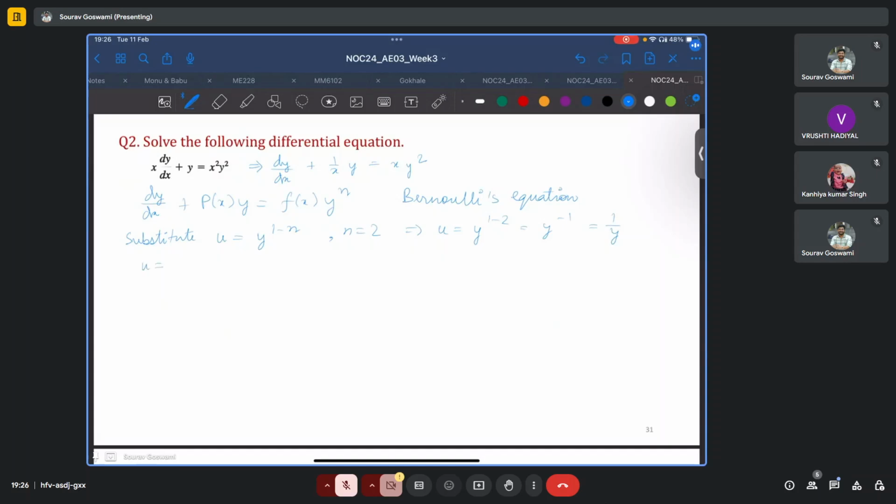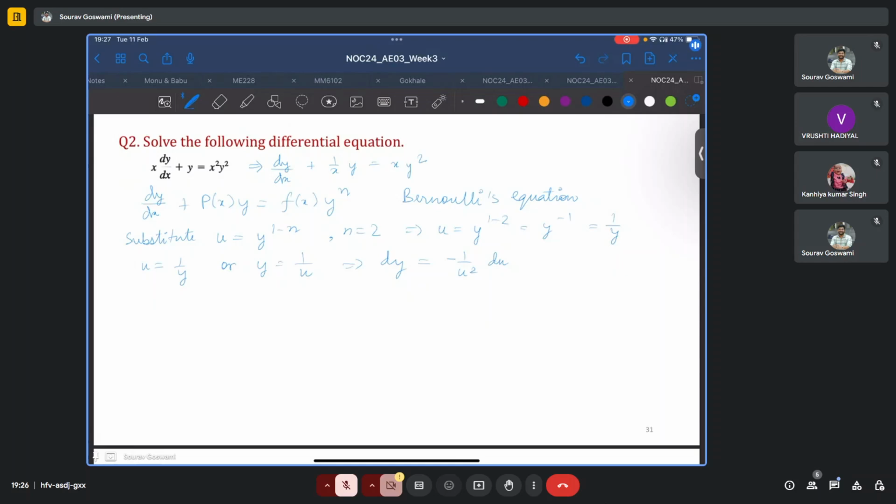So u is equal to 1 by y or y is equal to 1 by u, which implies that dy is equal to minus 1 by u square du.